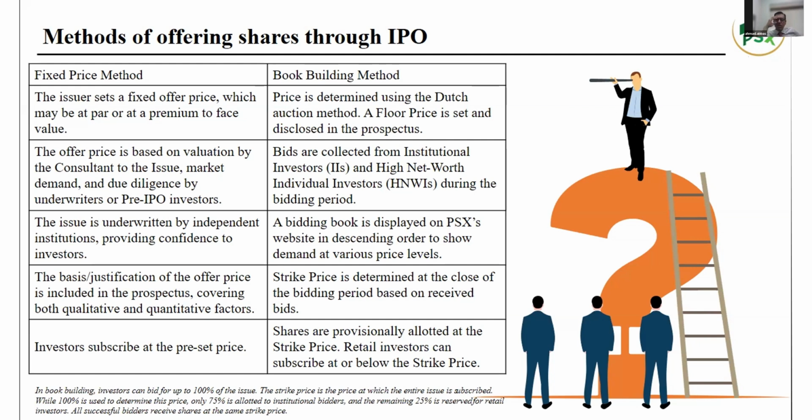Now, in book building, whenever an IPO comes through the book building process, 75% is allocated to the high net worth individuals and the institutional investors, and 25% goes to the public. This actually is the preferred mode of fundraising for companies these days because they want to utilize the maximum price band.